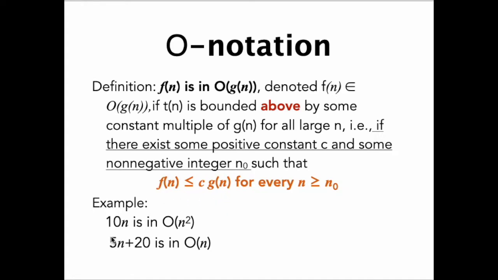So, to prove that a certain function is in O of some function g of n, we just need to identify a c, parang existence ng c, and existence ng some n sub 0 such that we can prove that this is true. We also have an example kapag we have 5n plus 20 as our function, it is in O of n.